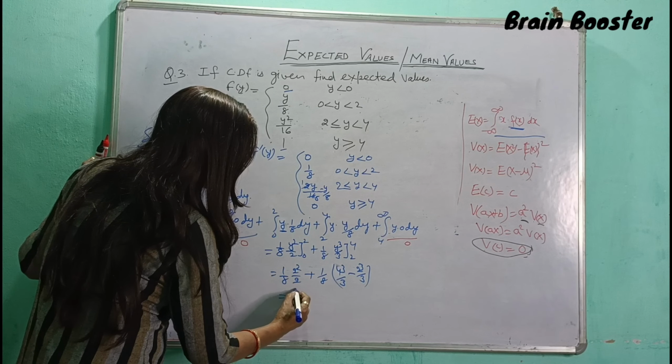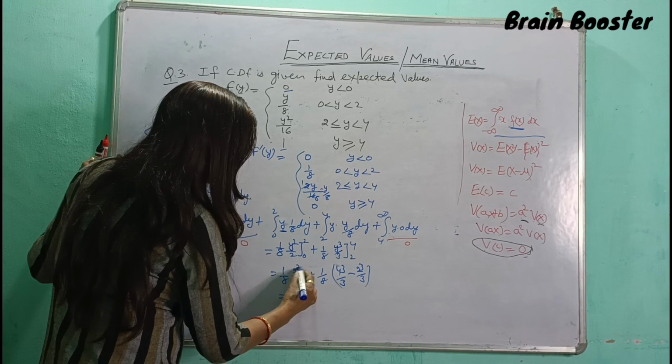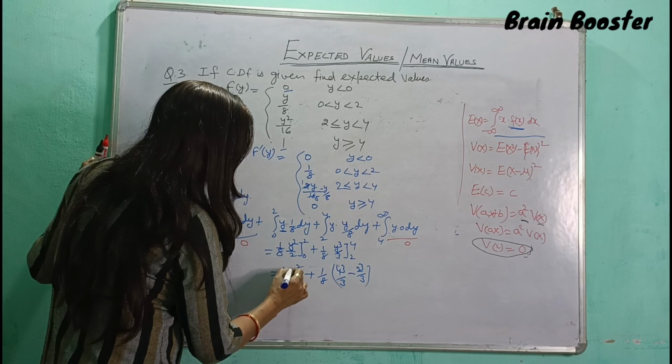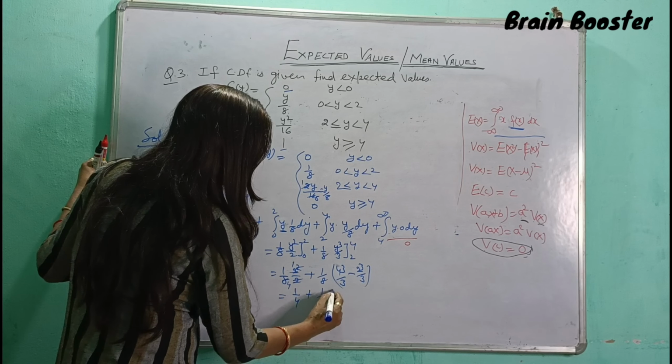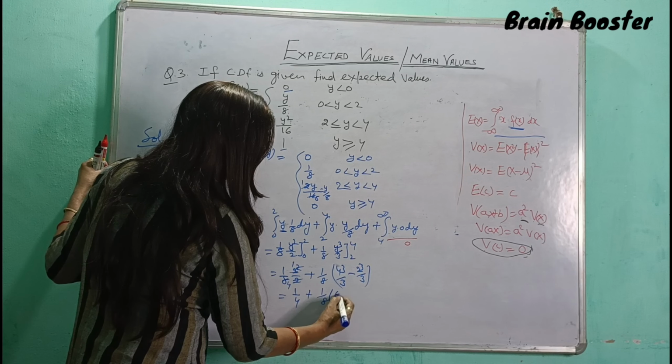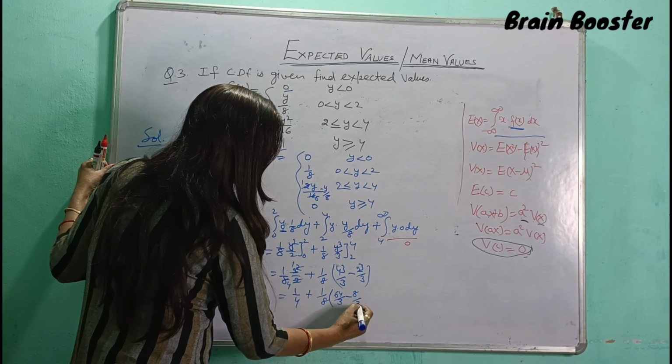This one is 1 by 8, this 1 cancels, 2 by 8, 1 by 4. This is 1 by 4 plus 1 by 8 into 4 cube, 4 fours are 16, 16 fours are 64 by 3, minus 2 cube, 2 twos are 4, 4 twos are 8 by 3.